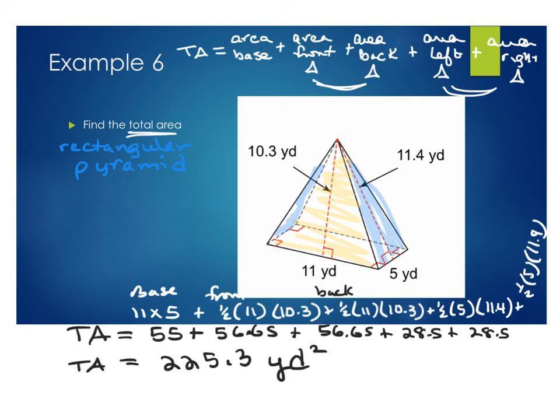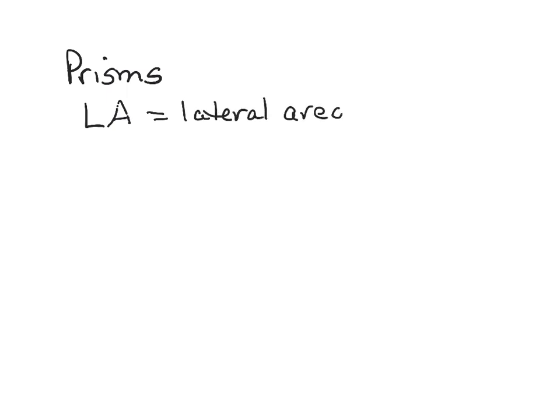So let me just add a slide here and let me recap formulas that we covered today. So we talked about prisms. So to find the lateral area, we're going to find the perimeter and multiply it by the height.